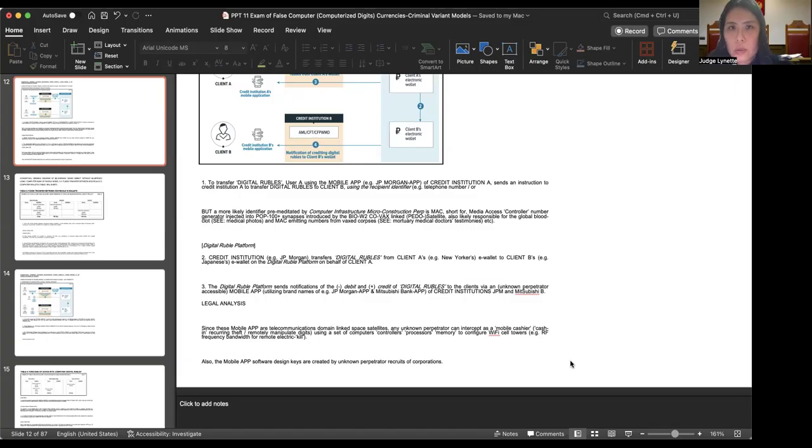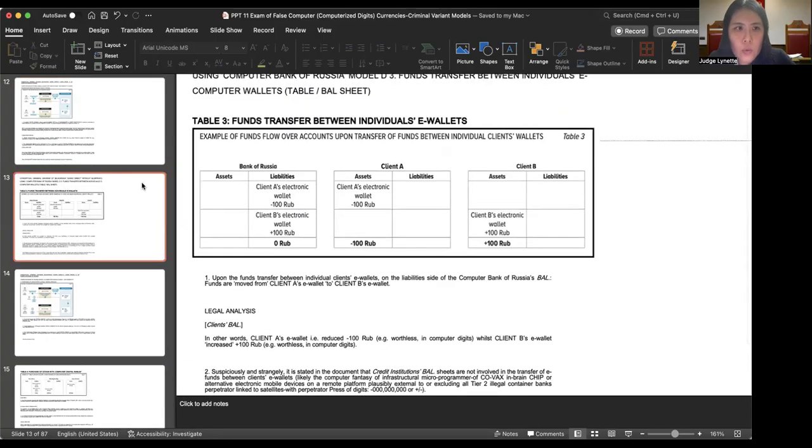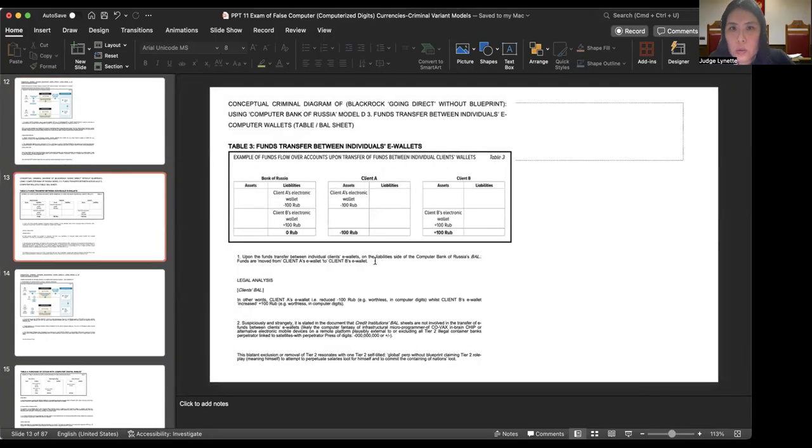Then we'll have dominated certain nations without consent. So we need to figure out who is this perp Tom that used this mobile app software design keys, an unknown person, or he recruits someone to do it, and what the blueprint looks like, and what all the codes are, and what all the programming language used, are some of the legal questions that have to be resolved at a World Legal Conference.